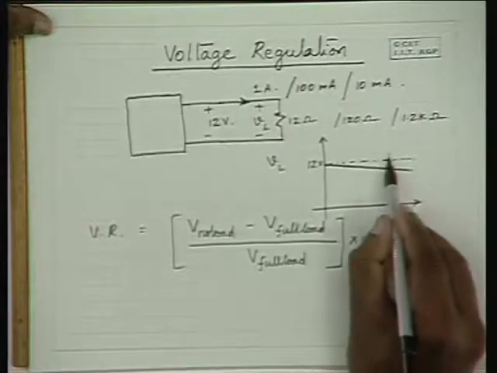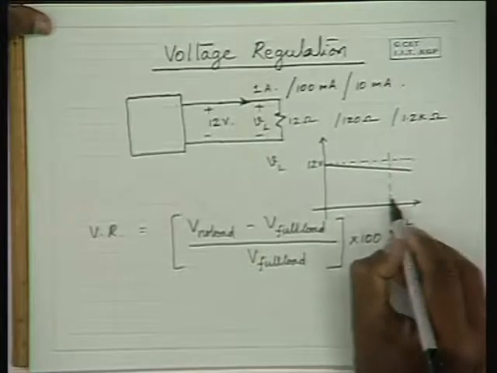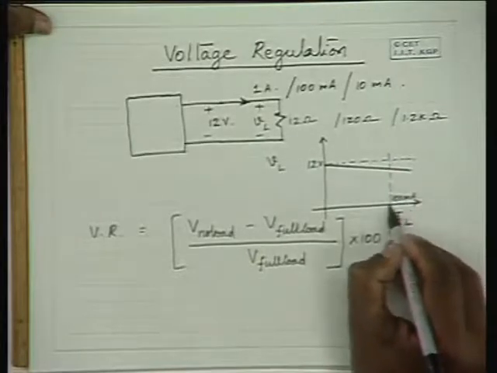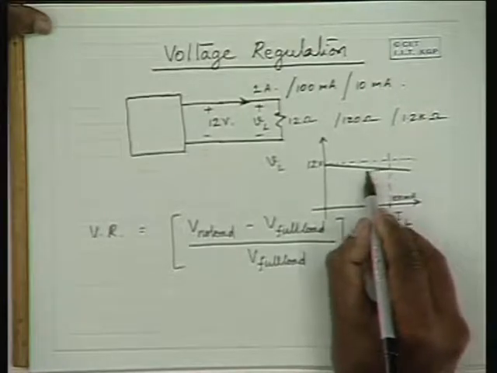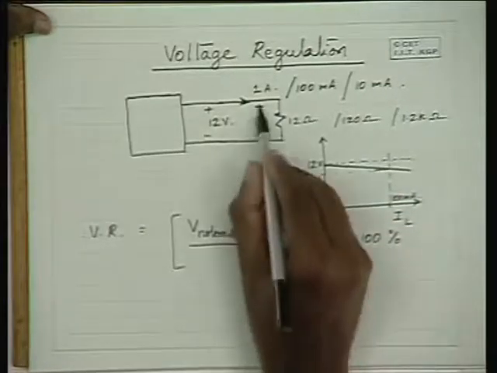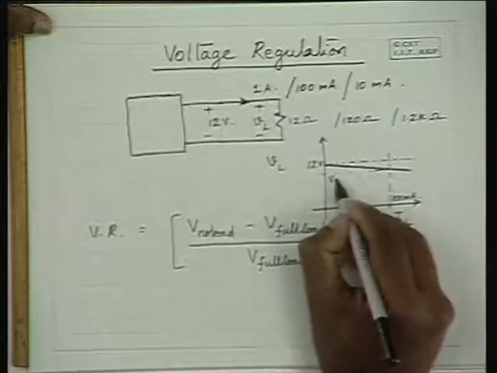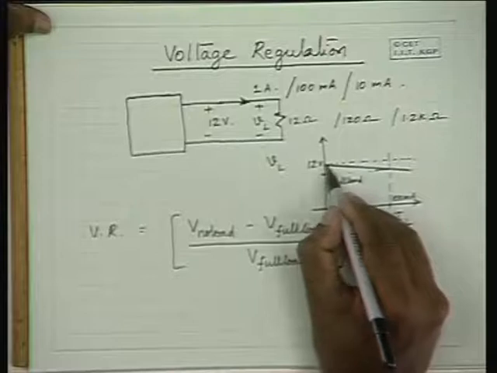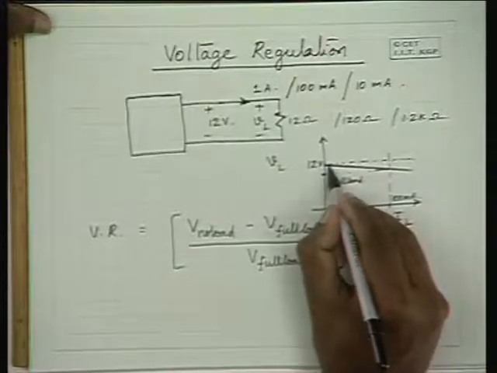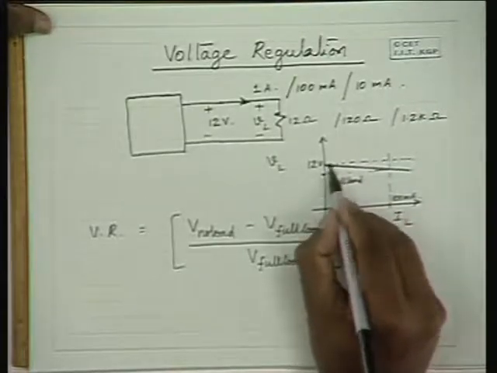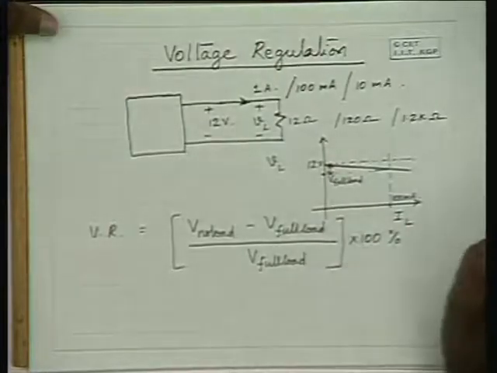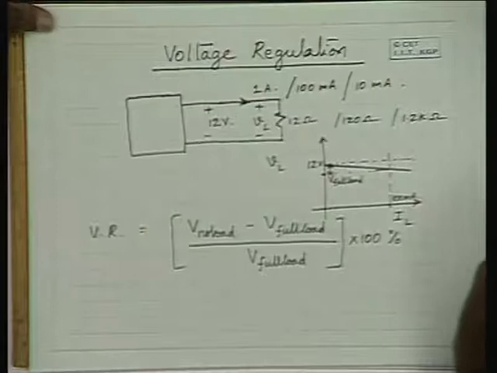If your full load is say 100 milliamperes, then at full load whatever is the voltage that appears across this, that is V full load. So V no load minus V full load, divided by V full load, is the percentage regulation.